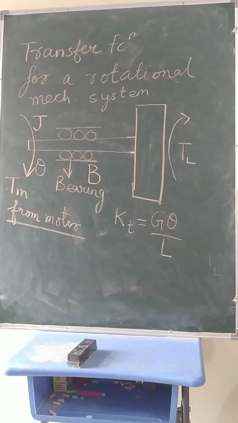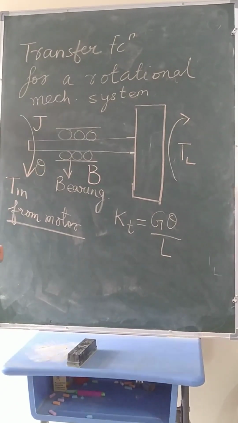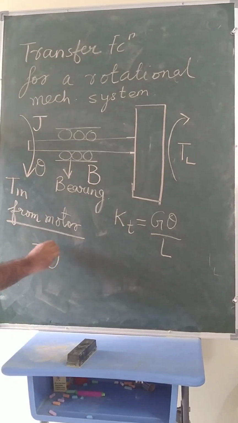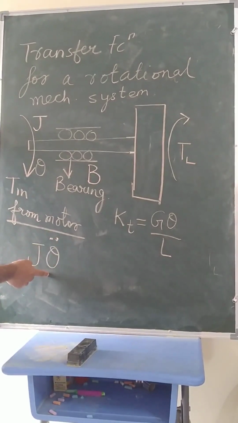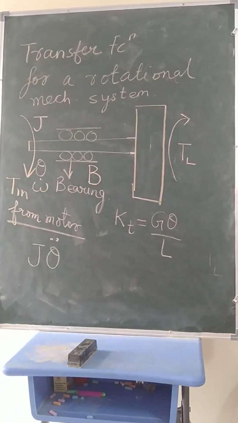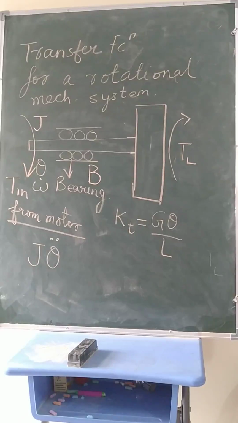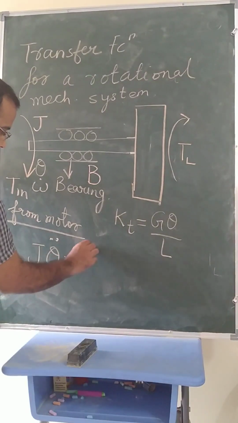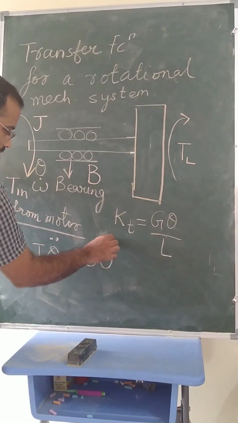So I can write the equation of motion governing the rotational motion of the shaft, and that will be J times theta double dot, or you can also write omega dot. If it's the omega that is your specific output, you can write this equation in terms of omega also. Plus B times theta dot.